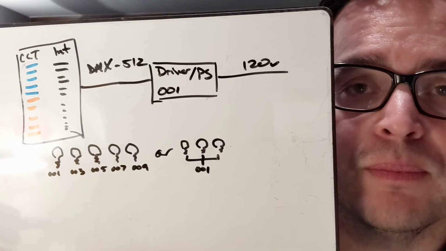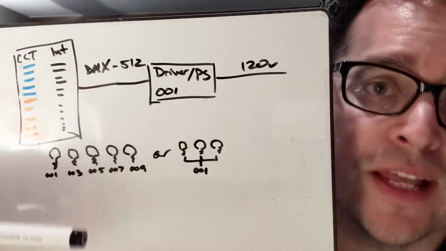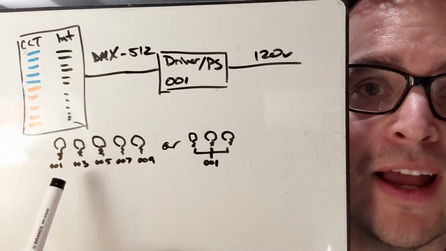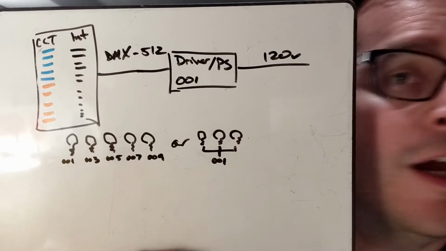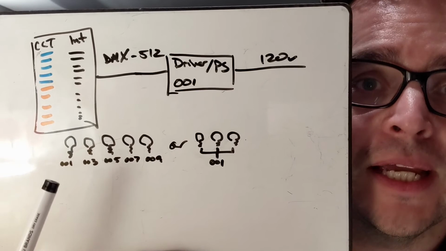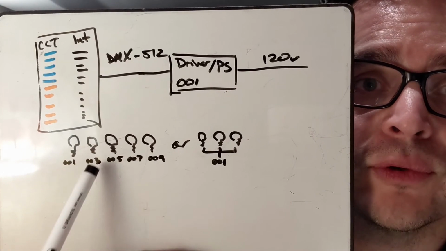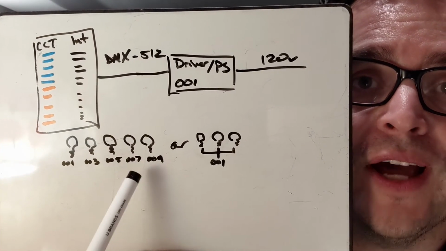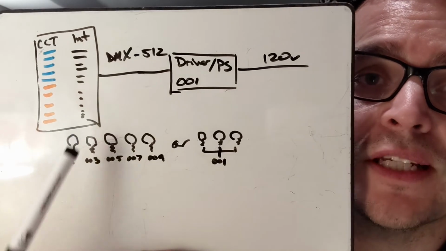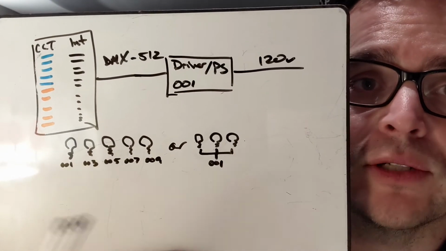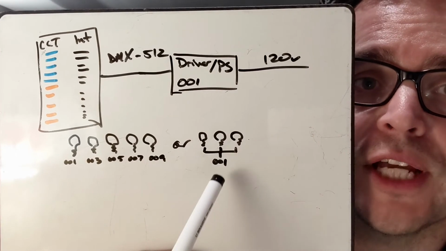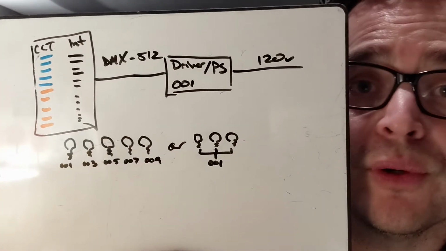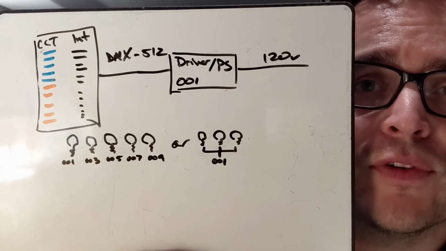So it's driving both of them as though they're subs, and that's the primary. So if I have a series of luminaires and I want to control each one independently, I just need to address them independently. So 01, 03, 05, 07, 09, and you can see I'm skipping by 2s because each luminaire is taking up 2 channels. I could also group luminaires and say all 3 of these are all under channel 001. So that's with DMX. Now let's jump over to DALI.